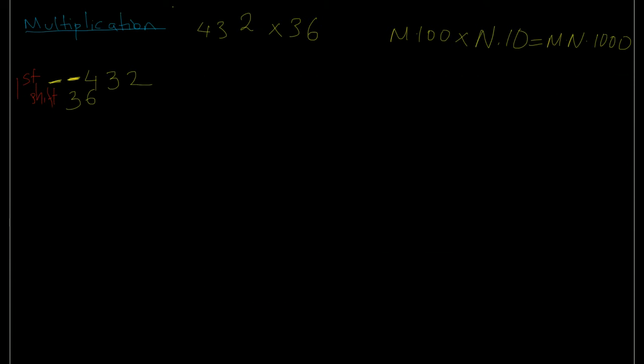In each shift, we'll be working with one digit of the top number, starting with the leftmost digit. So we start with digit 4, and we multiply this digit with each digit of the number on the bottom. We start with multiplying 4 times 3, which is 12. If the result was a single digit, we would place it here.